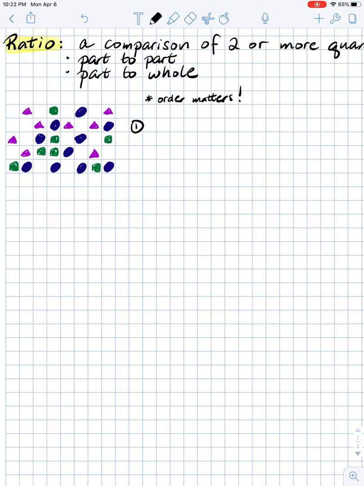So here's your first question. What is the ratio of blue circles to purple triangles? Second question. What is the ratio of green squares to purple triangles?